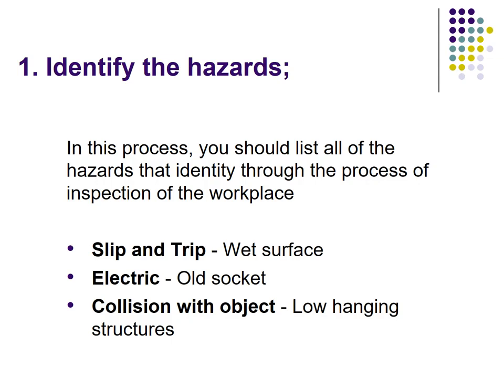The cause of the hazard is wet surface. Another is electric hazard. The cause of the electric hazard is old socket. Another is collision with the object. The cause of the collision is low hanging structure. Just like this, you have to note down the hazards that you identify when you are inspecting a workplace.